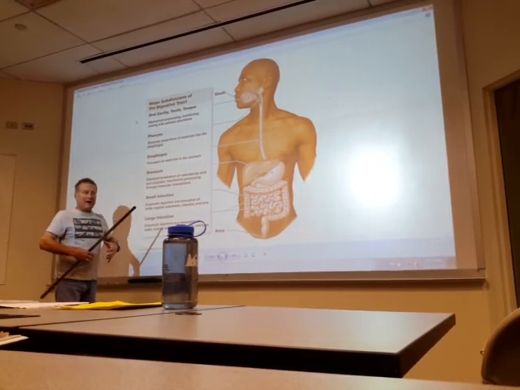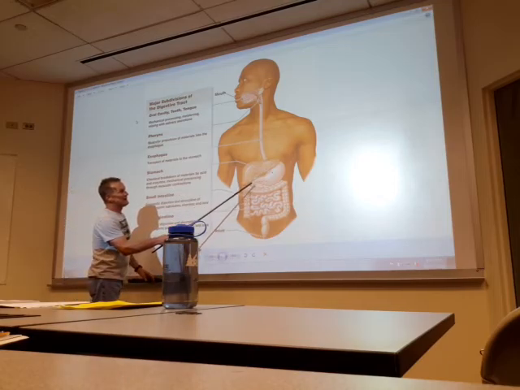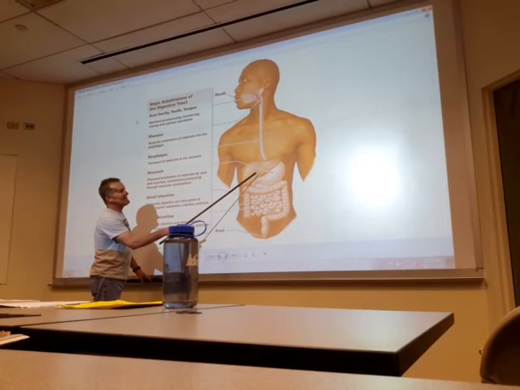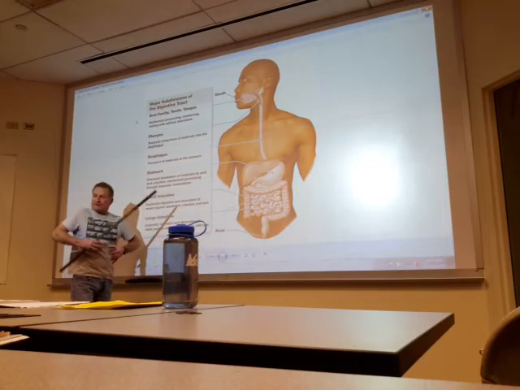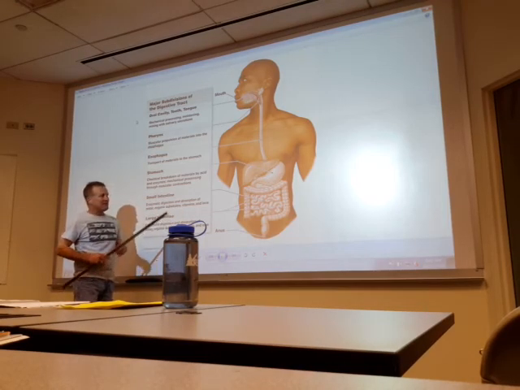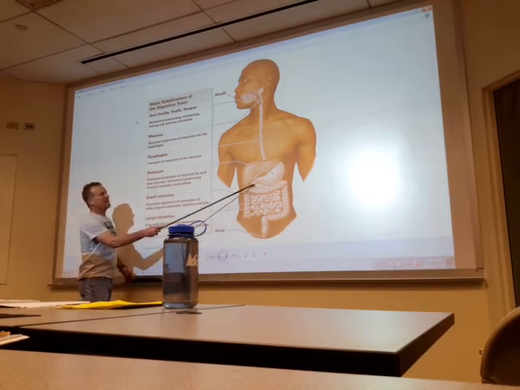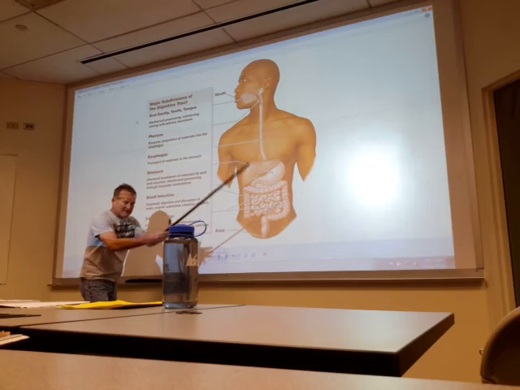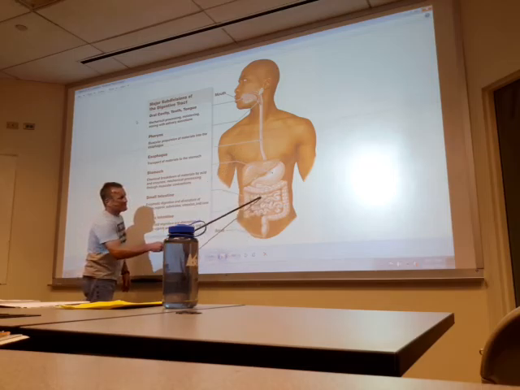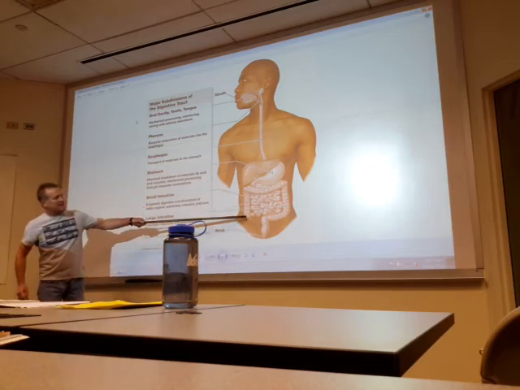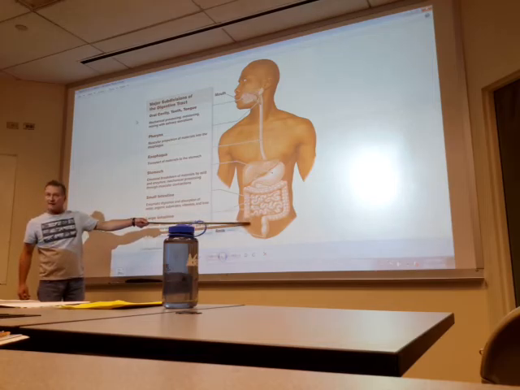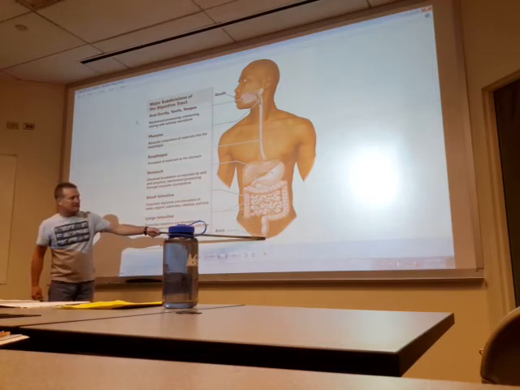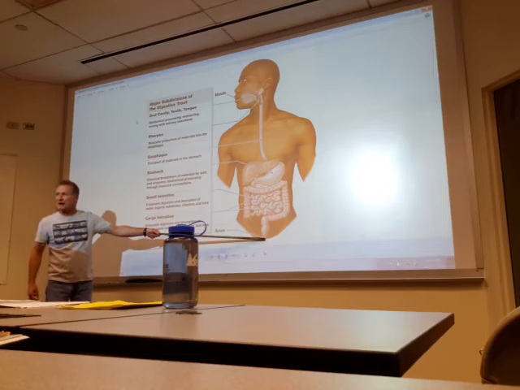After you've swallowed and food is in the stomach, the proximal and distal sphincters of the stomach will both close so that the stomach can churn and mix everything with acid and enzymes. Once the mixing is complete, the valve will open, let the stuff out, moves through the small intestine. You have a sphincter muscle that connects the small intestine to the large intestine. You have a sphincter muscle where you release the waste.